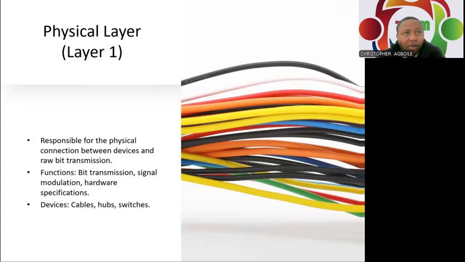In computers, we have zeros and ones. So what is being transmitted over the Ethernet cables are zeros and ones. So remember, the devices are switches, cables, hubs, repeaters, and so on at that level.